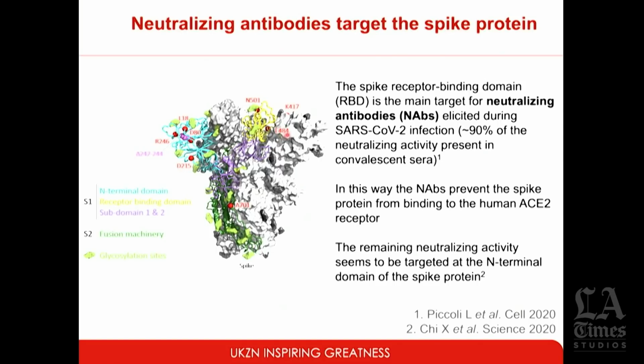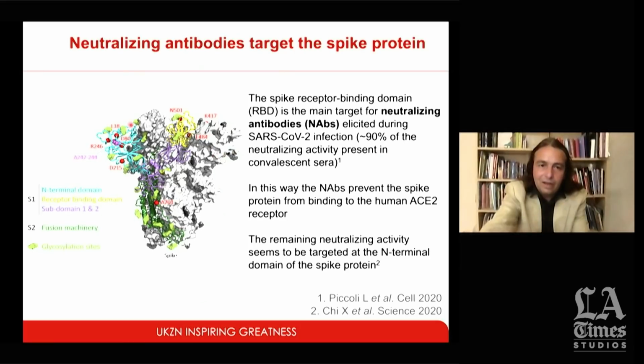And here is what we call the very bad brother, the 484K, because these mutations here in the receptor binding domain are the main area that's affected by antibodies. Yeah. These are neutralizing antibodies, which are elicited during SARS-CoV-2 infection, and it's 90% of the neutralizing activity present in convalescent sera.